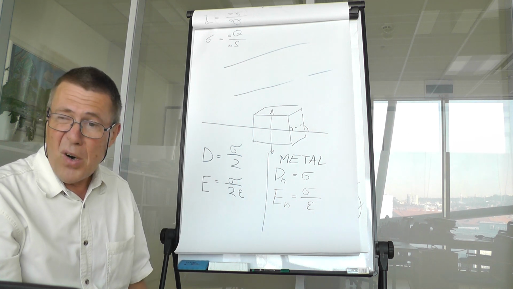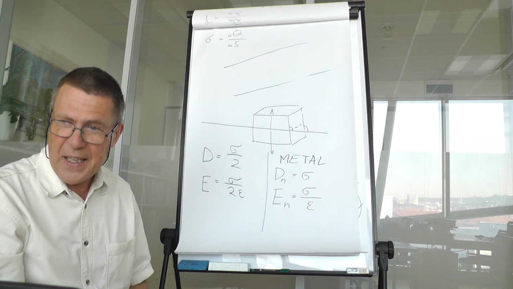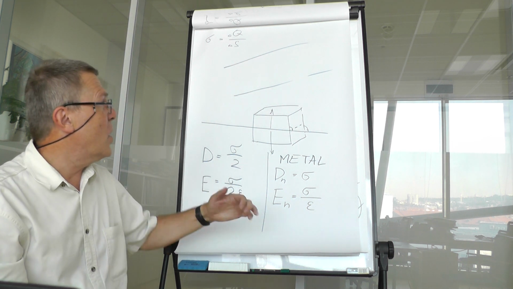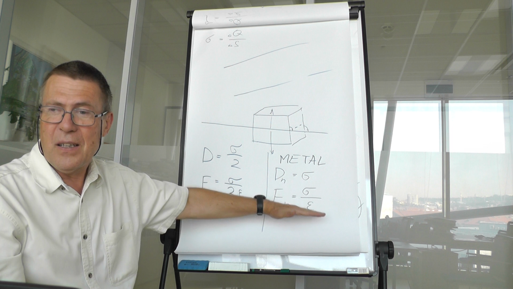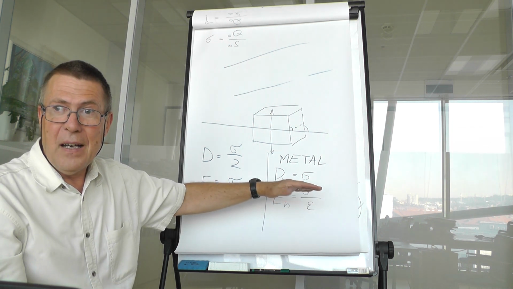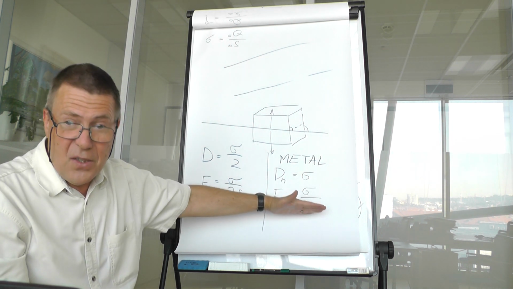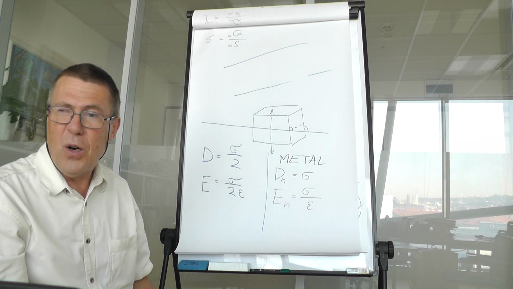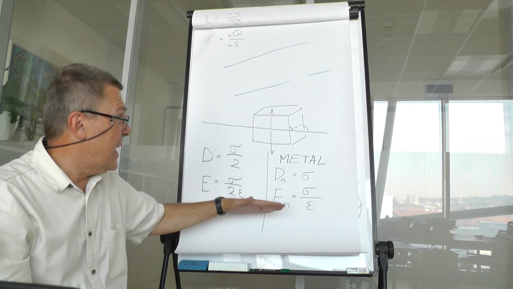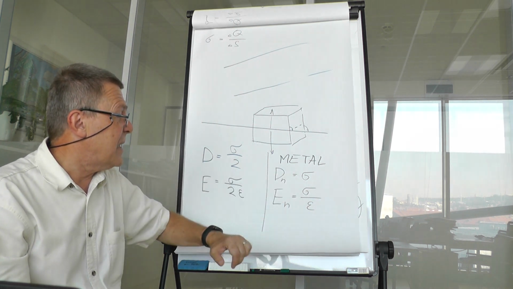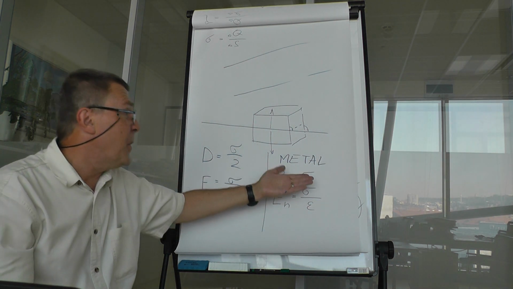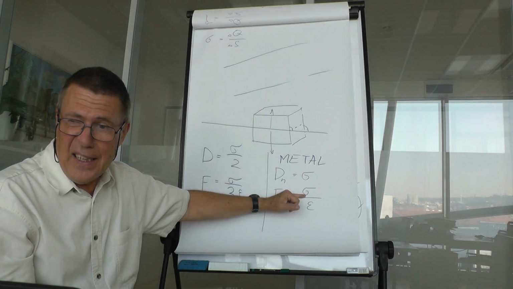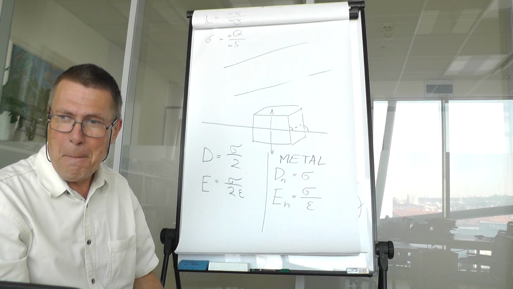This is an important condition at the surface of a metallic object in electrostatics. So a metallic object creates at its boundary, at its surface, only normal field components, and they are related to the flux, so to the field, or the field is strictly related to the charge density at the surface.